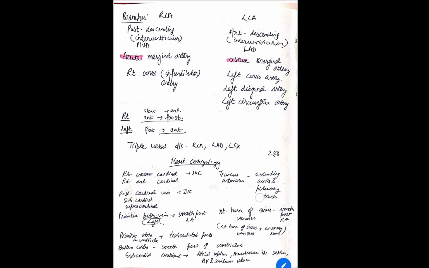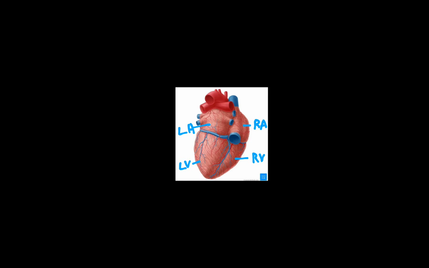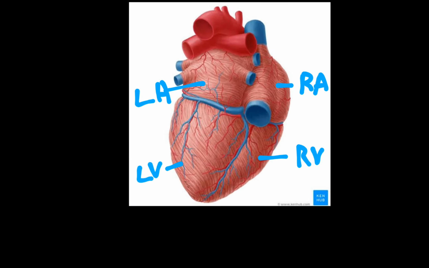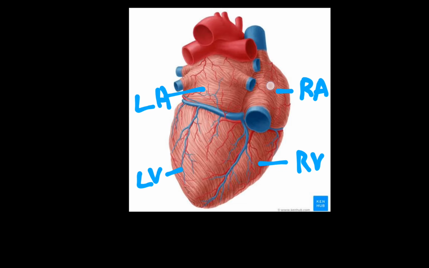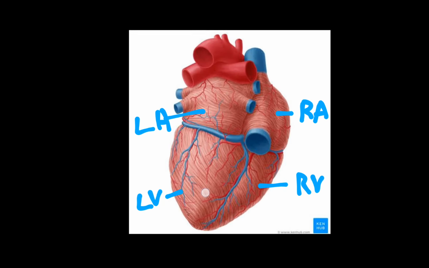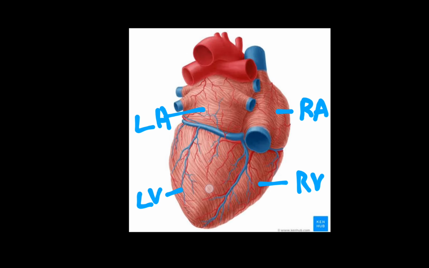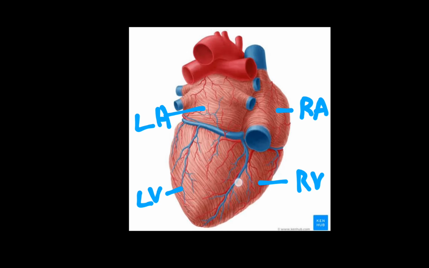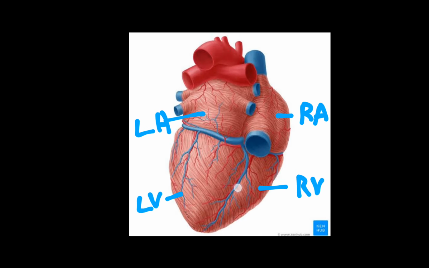Then next we see a few images. Here this is the right atrium, which is receiving SVC and IVC. This is the left atrium. Then we have the left ventricle, the bigger one, and the right ventricle. This artery most probably will be from the RCA, the posterior interventricular artery.